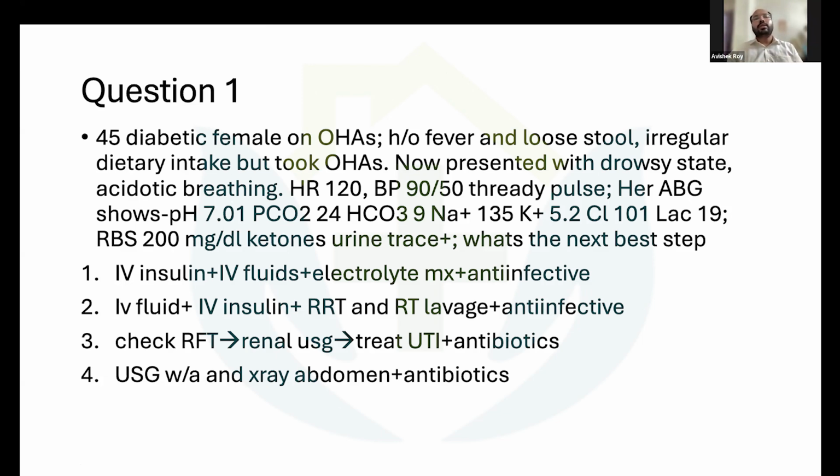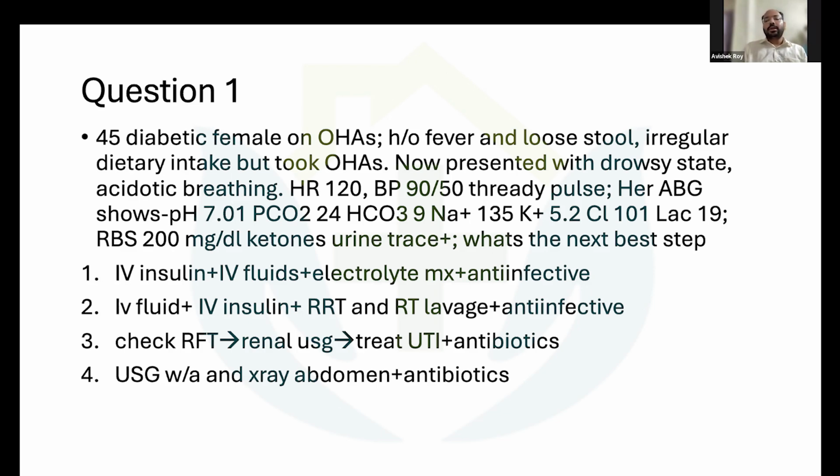She is tachycardic, with a lower normal blood pressure of 90/50 and a thready pulse, probably a shocky state. Her ABG shows pH of 7.01, PCO2 of 24, bicarbonate of 9, sodium 135, potassium 5.2, chloride 101, lactate 19. Sugar level is 200, and urine ketones are positive.